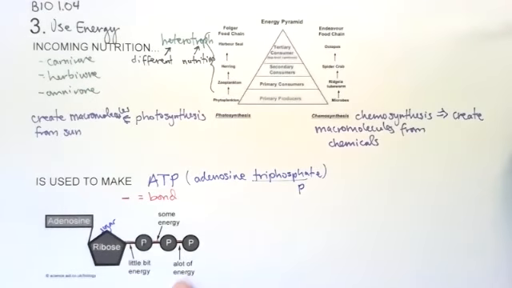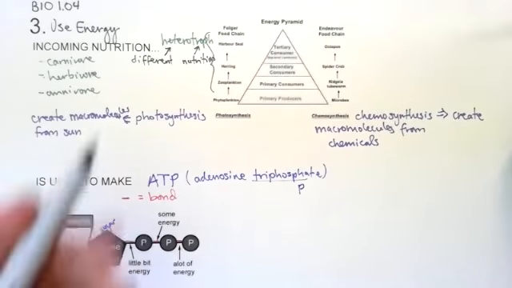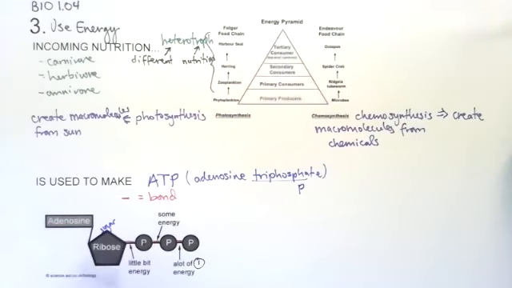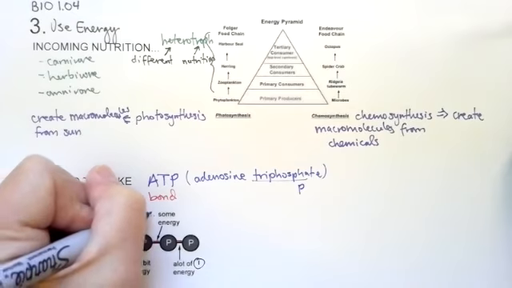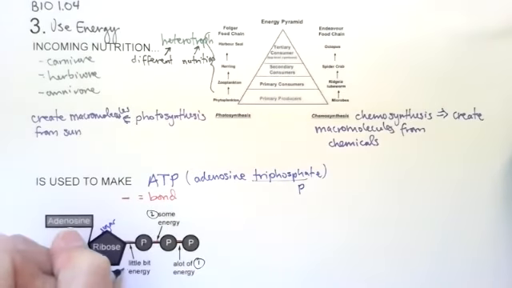You'll notice it says for this first bond, so this is bond number 1, it says a lot of energy. Bond number 2 says some energy, and bond number 3 says a little bit of energy.